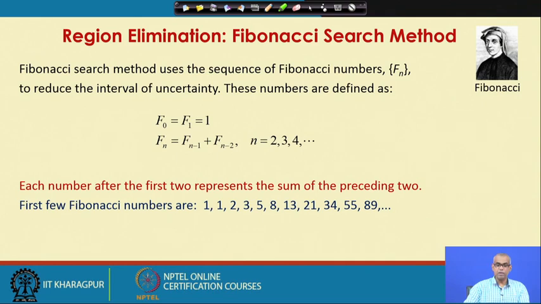So, fn equals fn minus 1 plus fn minus 2, where n is 2, 3, 4. If you follow this sequence, the first few Fibonacci numbers will be 1, 1, 2, 3, 5, 8, 13, 21, 34, 55, 89, and so on. So, the first two Fibonacci numbers are 1, and from the third number onwards you can compute it as the sum of the preceding two Fibonacci numbers.